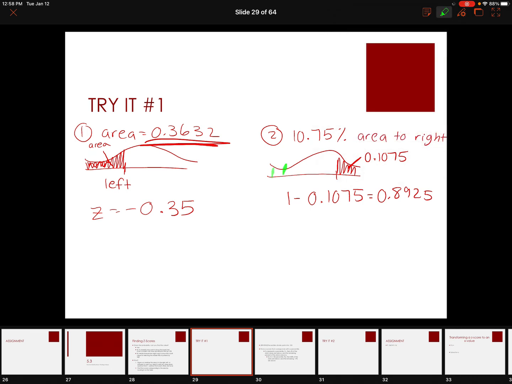That means that this area right here is given by this number. So now I can look in the middle of my chart for 0.8925. I know that's pretty close to 1, so it's going to be a positive z-score is my prediction. When I look in the middle of the table, I see the row is 1.2 and the column is 4. So my z-score would be 1.24.